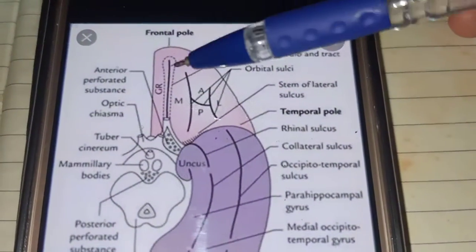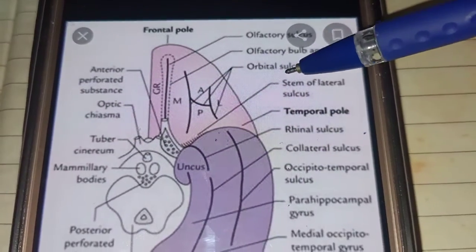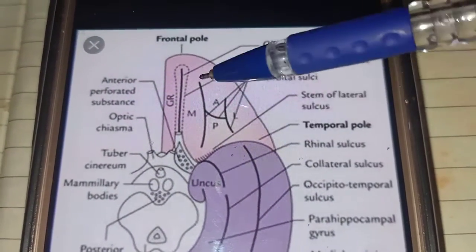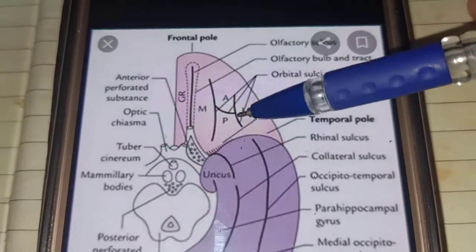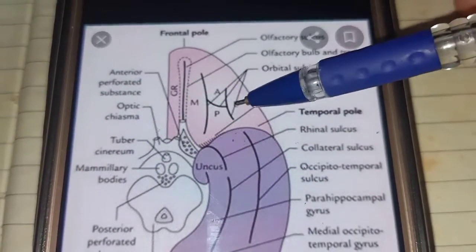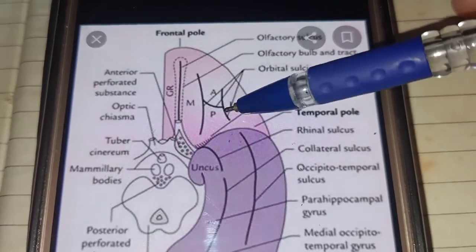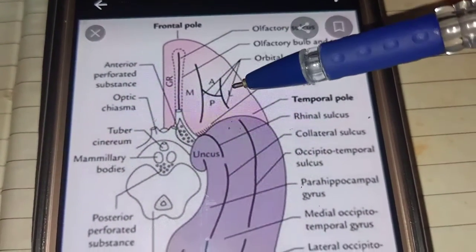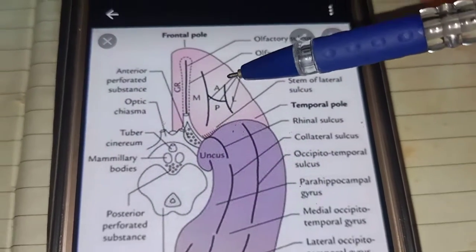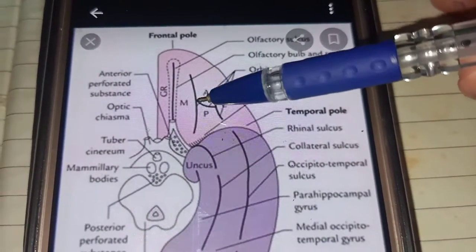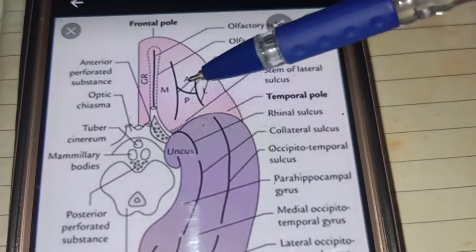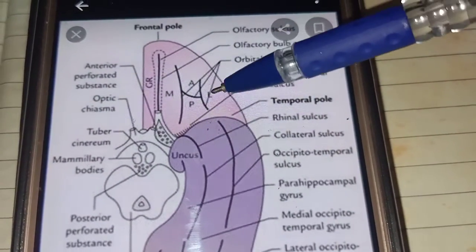Now this is the orbital sulcus, which you can see is H shaped, like the alphabet H. Here you can see medial, anterior, posterior and lateral.